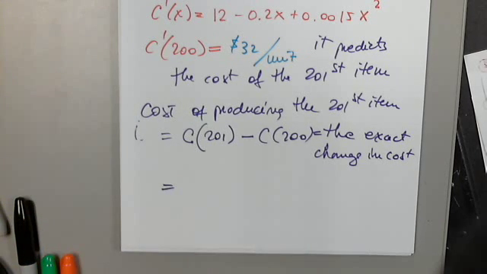So let's calculate. The easiest thing to do is put the cost function in the graphing calculator and determine those two values. So that's what I recommend. In y equals, I will put in 1200 plus 12x minus 0.1x squared and plus 0.0005x cubed.